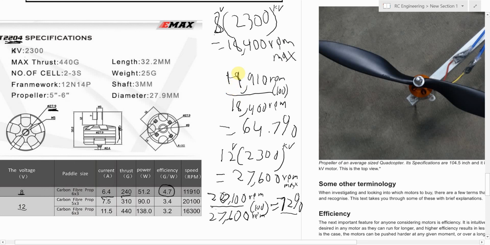This is our maximum RPM with no load. We put that on the bottom, and then we put the stated RPM on the top. Then we multiply that by 100 to get a percentage, and we get 64.7% of max RPM. So from the maximum RPM that we could go, we are 65% there.